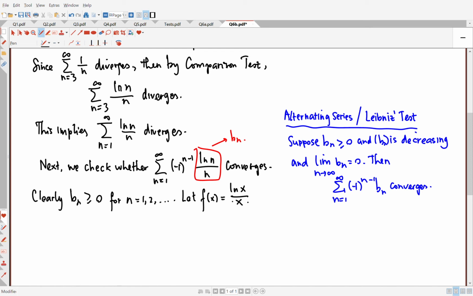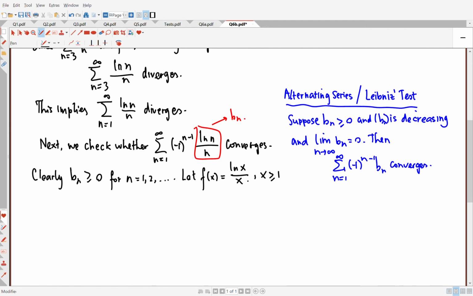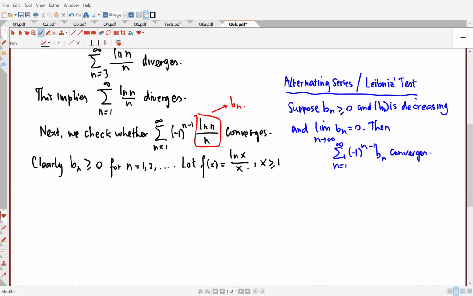If this function is a decreasing function, then in particular f of n is equal to ln n over n will be decreasing, right? x is more than or equal to 1. Okay, so how to check whether this function is decreasing or not?